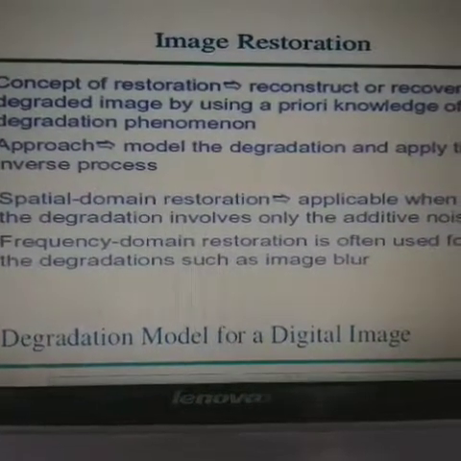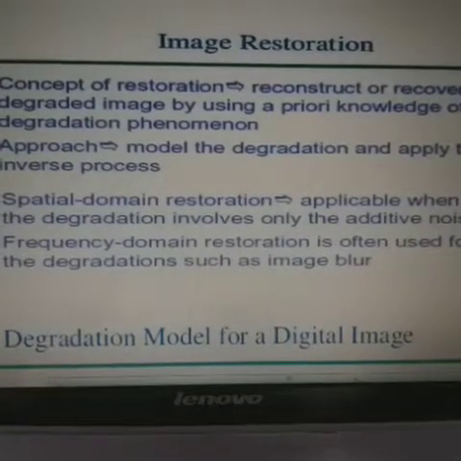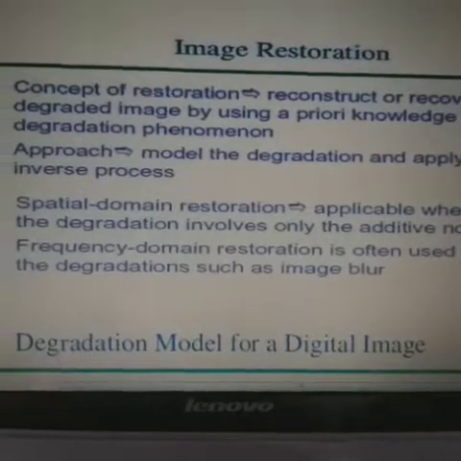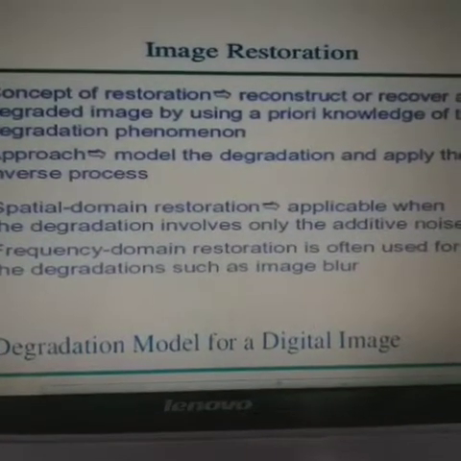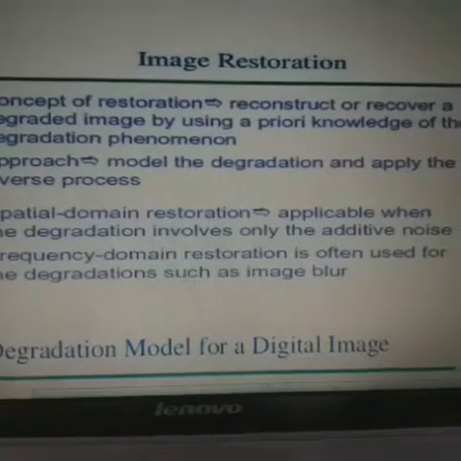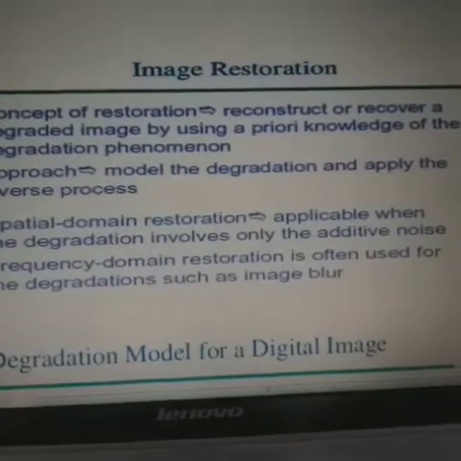So to recover the degraded image, the lower quality image, we use prior knowledge, meaning historical knowledge of the degradation phenomena.